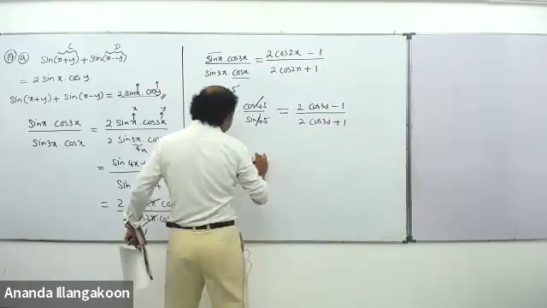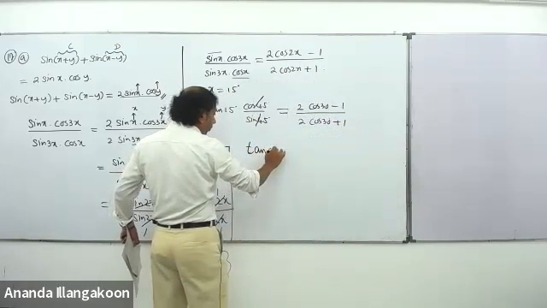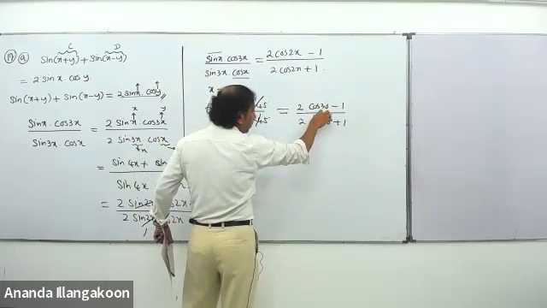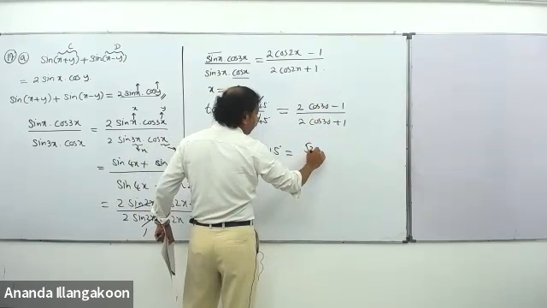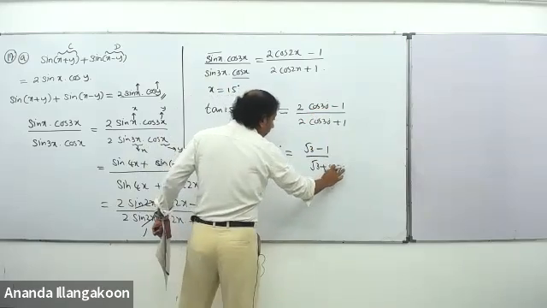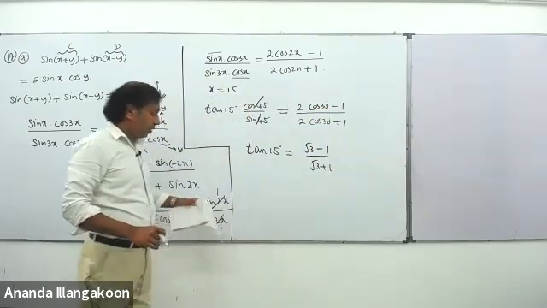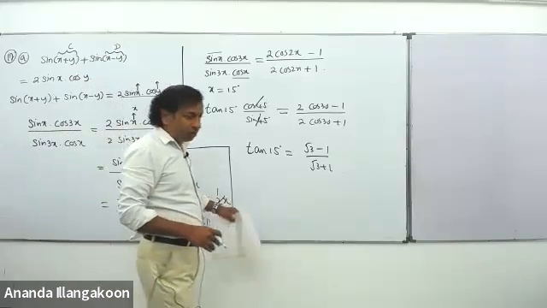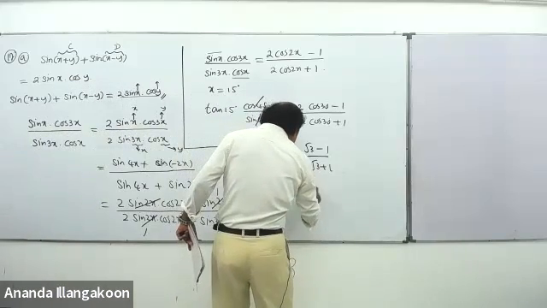Left hand side we have tan 15, which is equal to, with cos 30 as root 3 by 2, root 3 minus 1 over root 3 plus 1. Now multiply the numerator and denominator by the conjugate of this denominator.